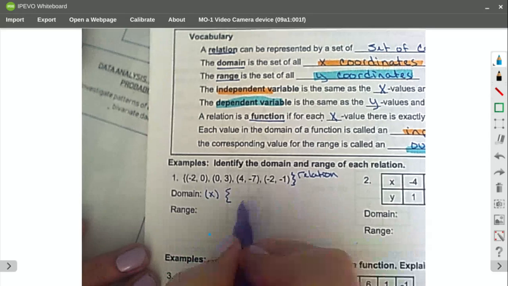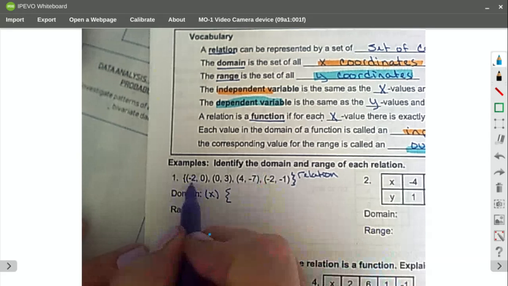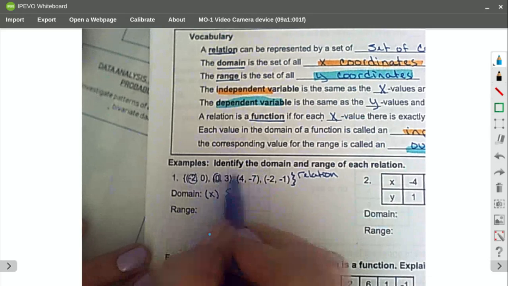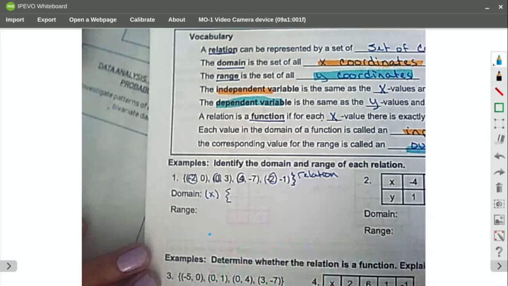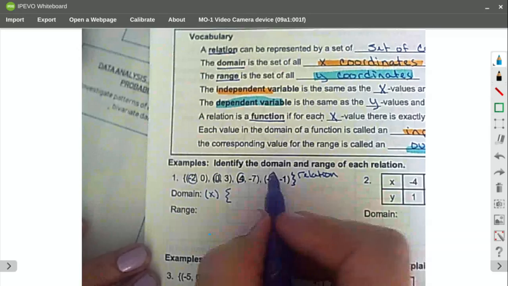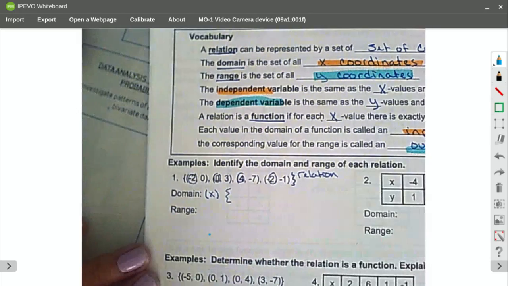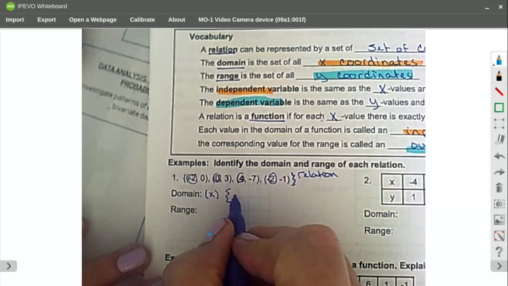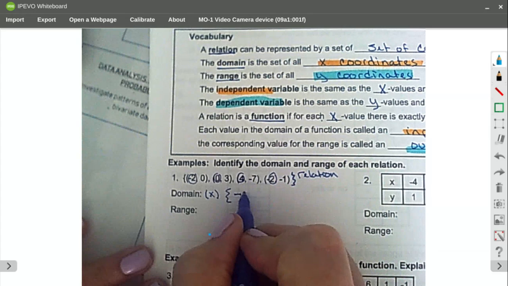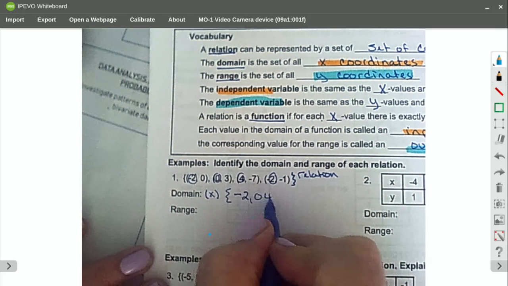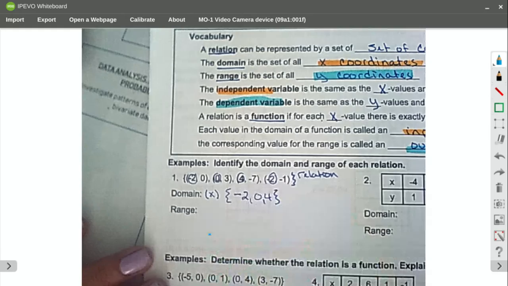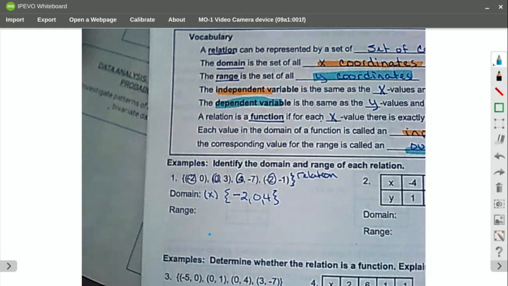So I'm going to use my set notation. I'm going to go -2, 0, 4, and -2. So I don't have to write it twice. That -2 shows up twice, so I'm only going to write it once. -2, 0, and 4. So that's my set for my domain.